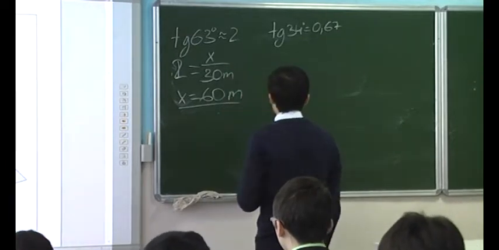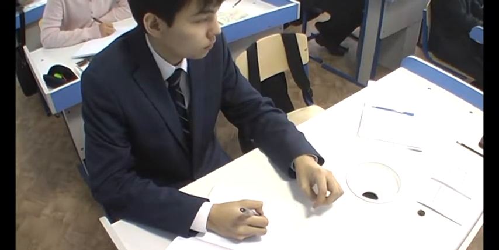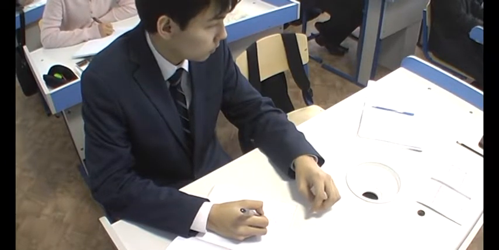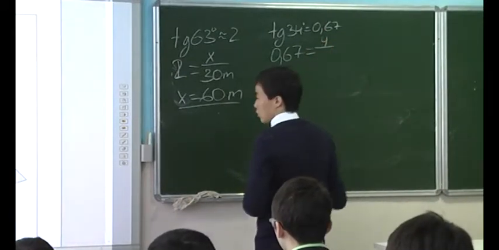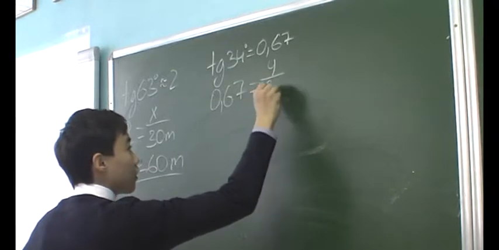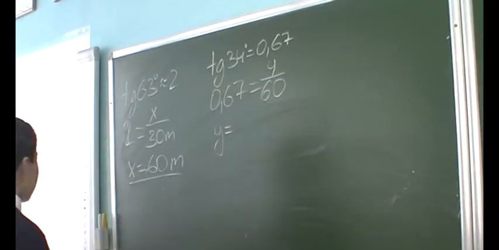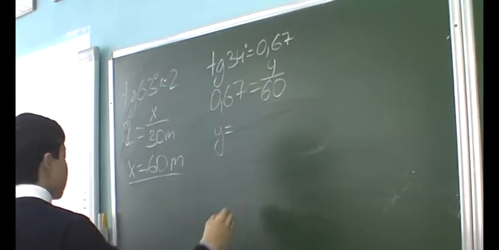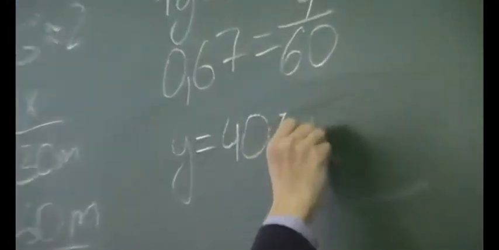The opposite for this angle is the length of the building. 0.67 equals the length of the building divided by 60. So the length of the building will be equal to 40.4 meters.